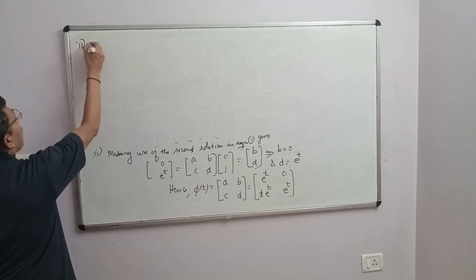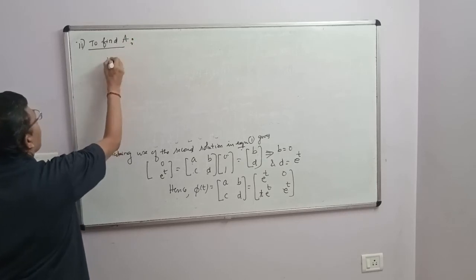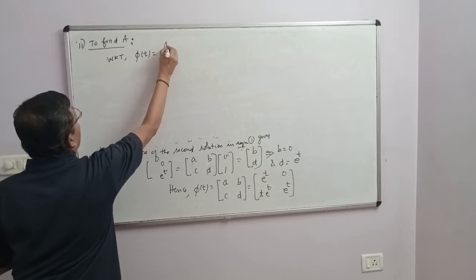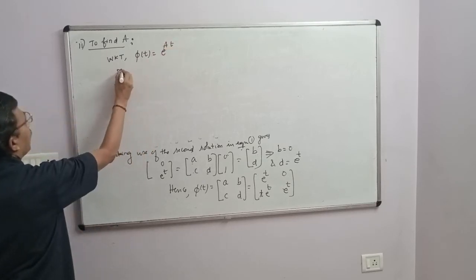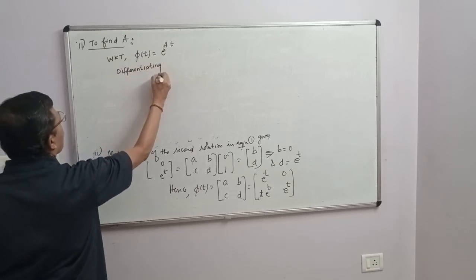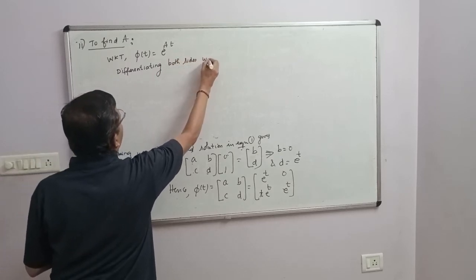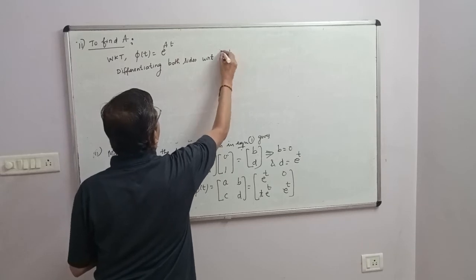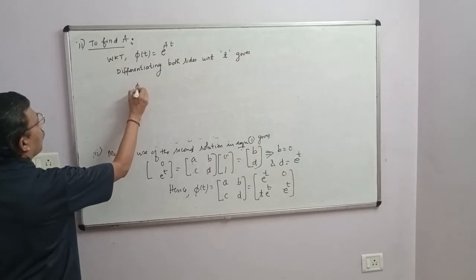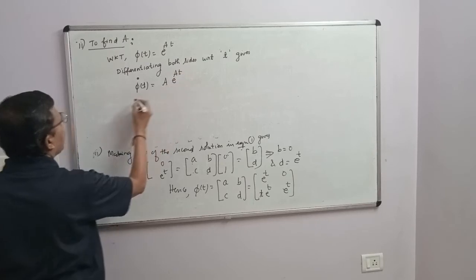Second part, to find A. We know that phi of t is equal to e to the power at. Differentiating both sides with respect to t gives phi dot of t is equal to a into e to the power at.